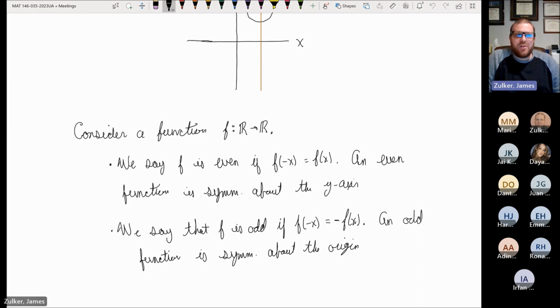But if it's symmetrical about the x-axis, it's not a function because it would fail the vertical line test. So that would be what we call a contradiction.